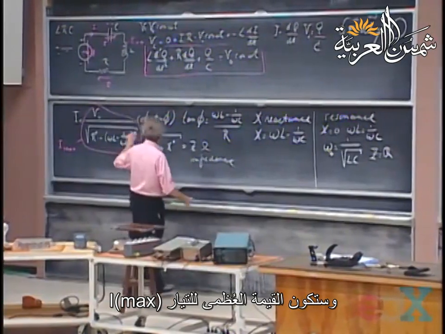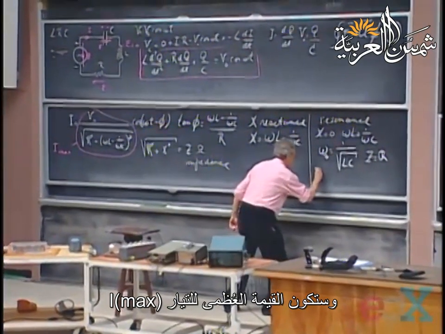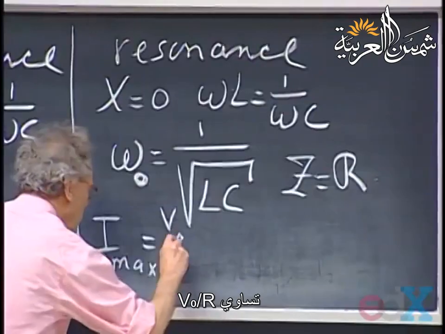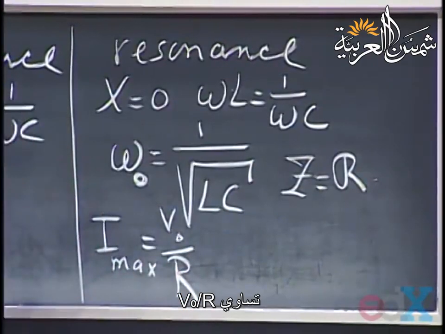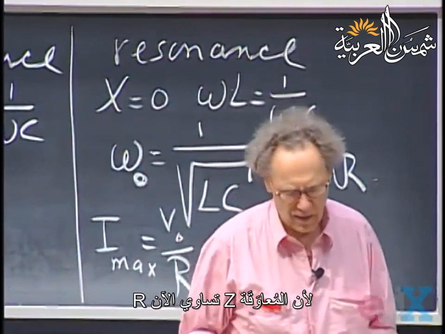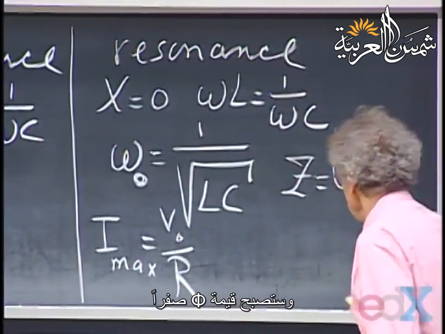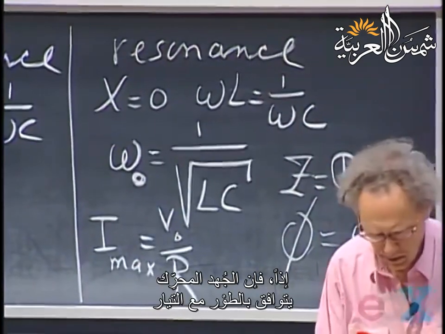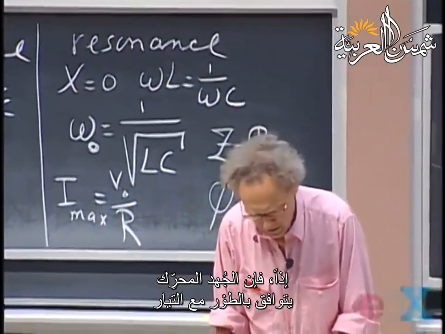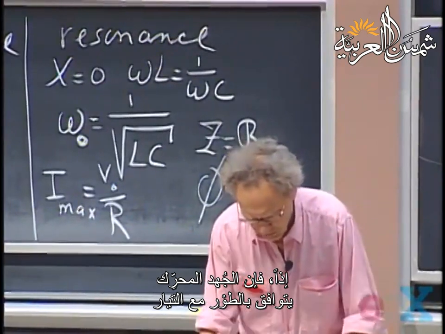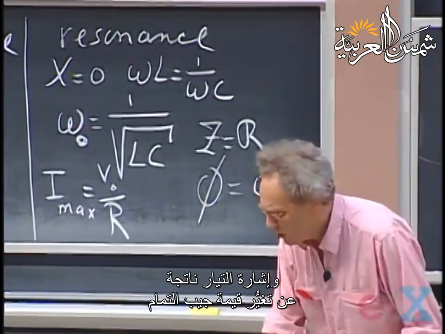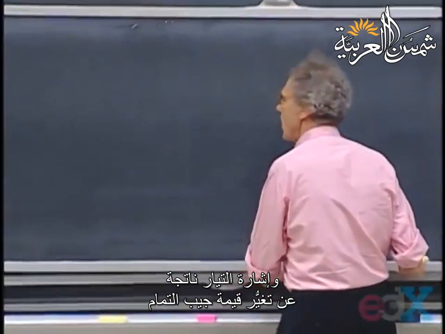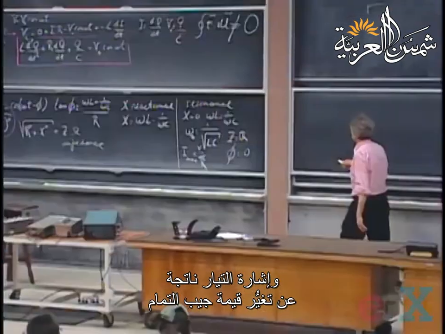It's gone. And so the system behaves as if there were only a resistor. And so you also see that the maximum current that you get is then simply V0 divided by R, because Z, the impedance, is now R. And in addition, phi becomes 0. So the driving voltage is then in phase with the current that follows. And so the signal that you will see is a cosinusoidal variation in the current.